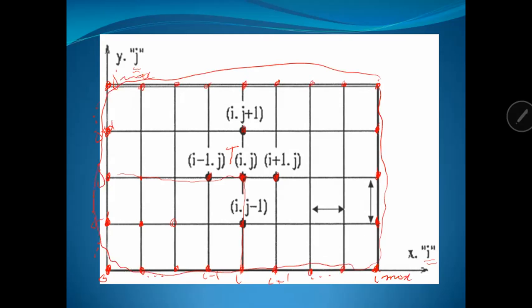having known values. Then from these 3 points, this one and this one, I can calculate this one. From these 3 points, I can calculate this one. From these 3 points, I can calculate this one. And the following, in order to calculate all the points inside the grid.